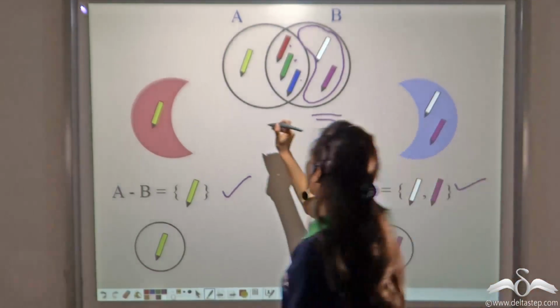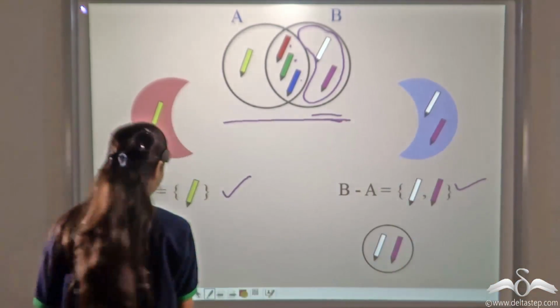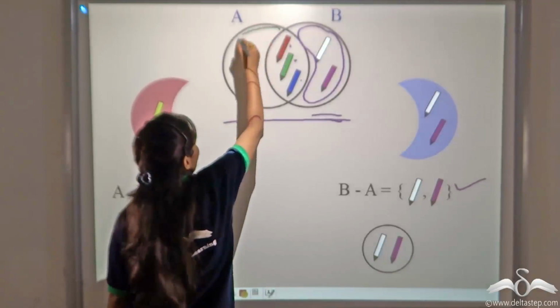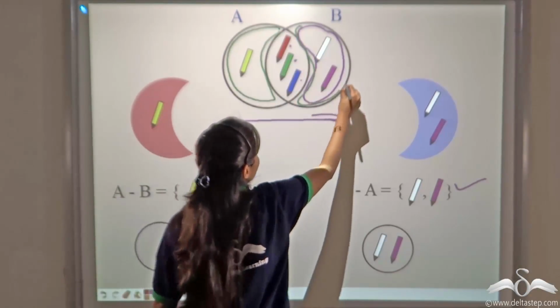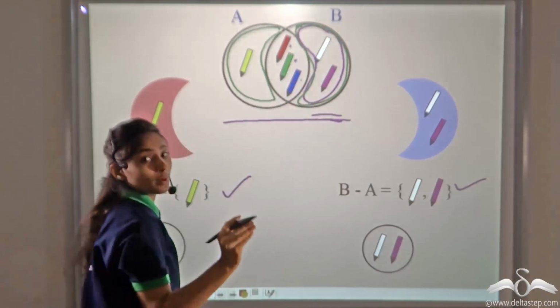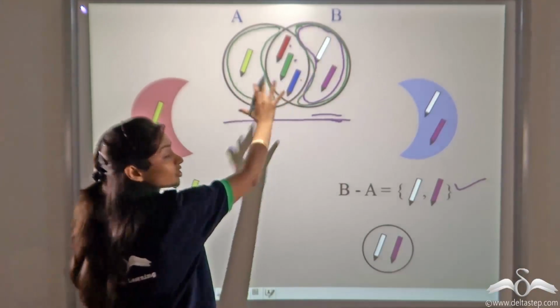Always remember, when we see a Venn diagram, this part will give us A minus B and this part will give us B minus A. We have to do nothing with the intersection part.